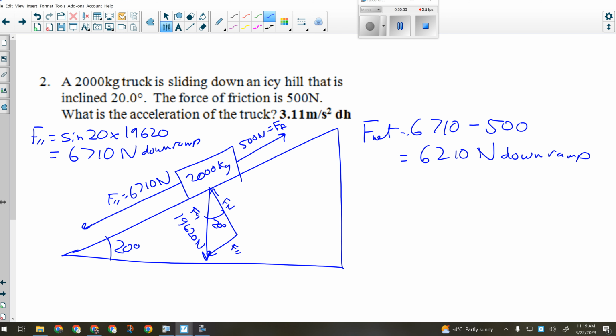Can I get the acceleration now? 6,210 divided by 2,000 should give me 3.11 meters per second squared down the ramp, or down the hill, I guess we should say in this situation.